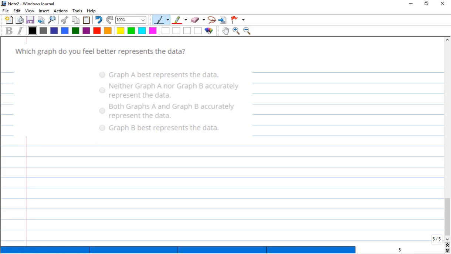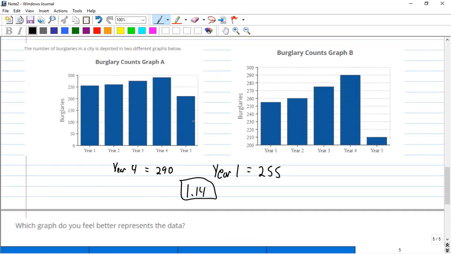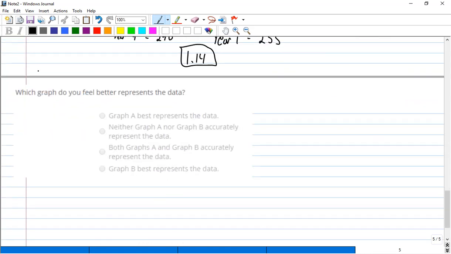Which one do you feel like is not as misleading? Graph A, because graph B starts at a different scale. So that's a way to mislead people. So graph A. So there you go. Does that make sense? Kinda, sorta? Again, we don't like misleading data.